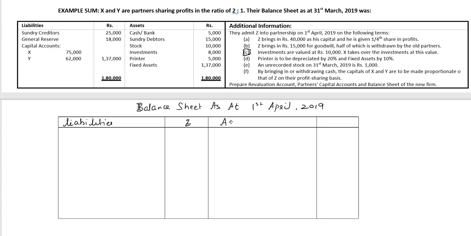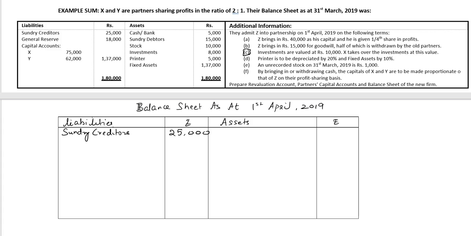Right side assets, rupees. We'll begin with the liability side items. The first item, sundry creditors. No change in value, 25,000 rupees.